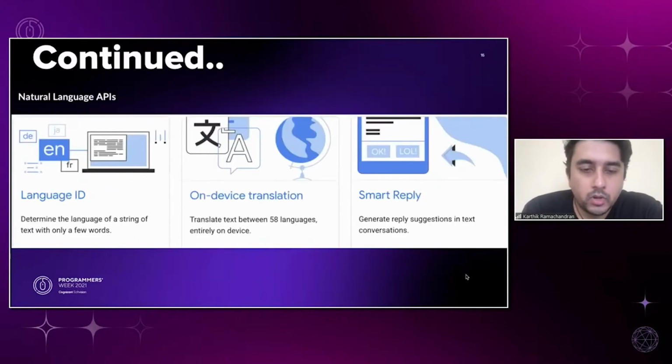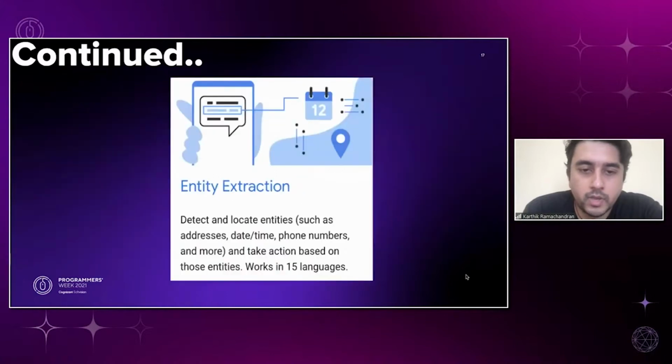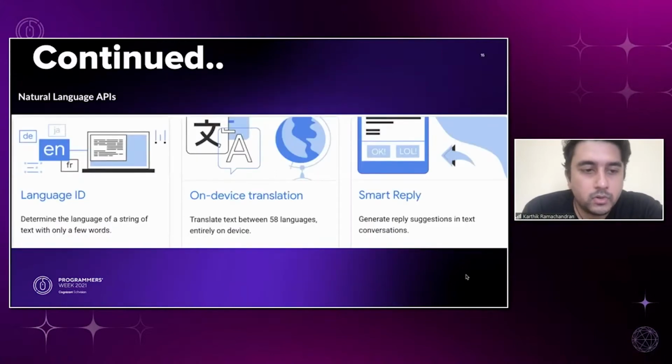And I'd like to talk about the second set of APIs. Other than the computer vision APIs, we have natural language APIs, and firstly, we have language ID, on-device translation, smart reply, and also entity extraction. Under language ID, you can use your camera and scan the text, and it will let you know which language or locale the text is from.